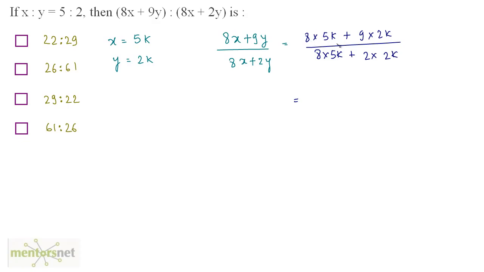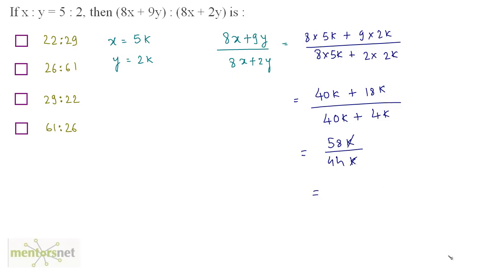So this is equal to 40k plus 18k divided by 40k plus 4k, which is equal to 58k divided by 44k. Dividing both the numerator and denominator by 2, 2 times 29 is 58 and 2 times 22 is 44. So 29 by 22 is the ratio. So option C is the correct answer.